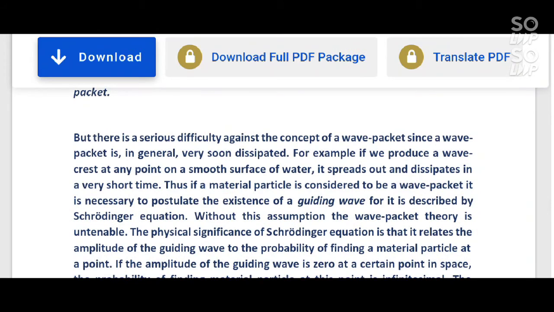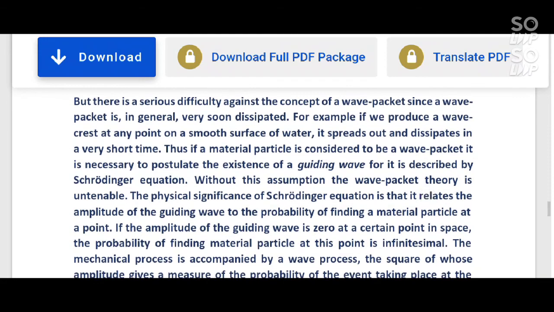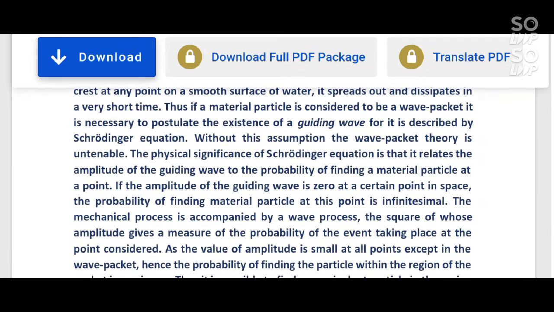If the amplitude of the guiding wave is 0 at a certain point in space, the probability of finding the material particle at this point is infinitesimal. The mechanical process is accompanied by a wave process, the square of whose amplitude gives a measure of the probability of the event taking place at the point considered.